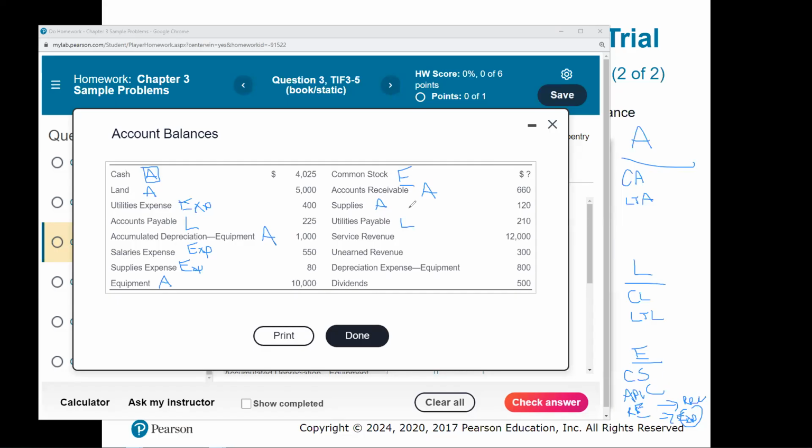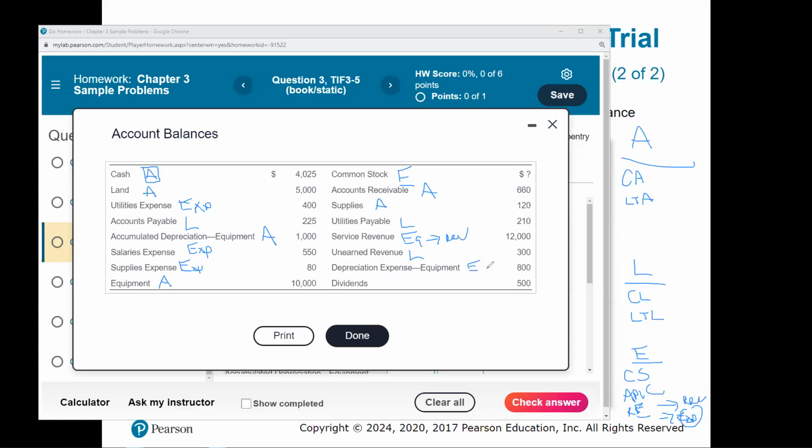Service revenue in the front here. Equity. Yeah, so equity, but a revenue account. Yeah. And then unearned revenue. Liability, yeah, that's the tricky one because until it's earned, it's not an actual revenue. And then in the back, depreciation expense equipment. Expense.